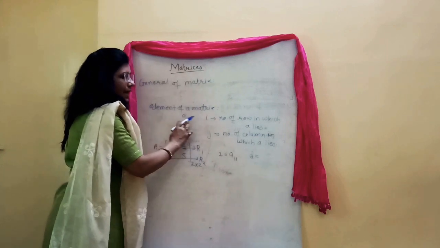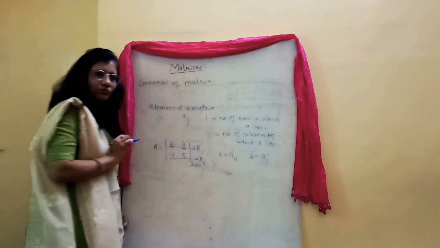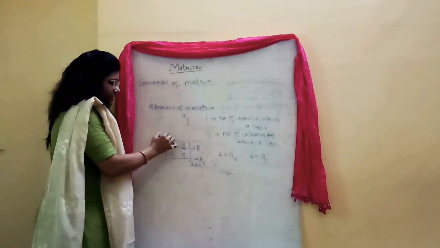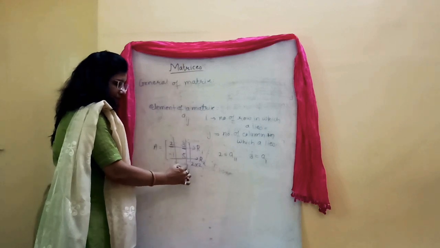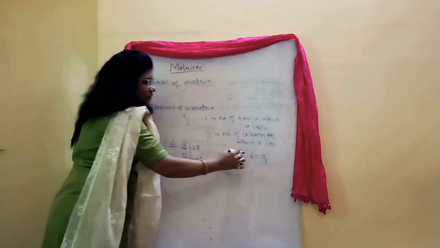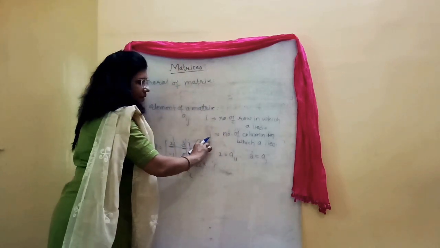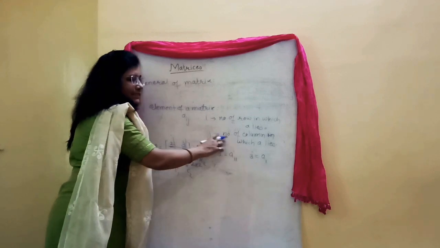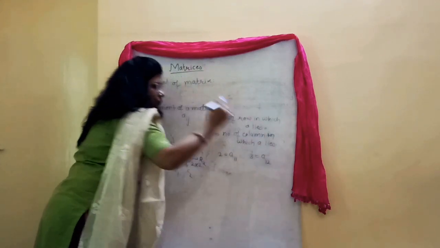So instead of I, we will write 1, first row. And this is the first column, and this is the second column. So 3 lies in the second column. So instead of J, you have to write 2.